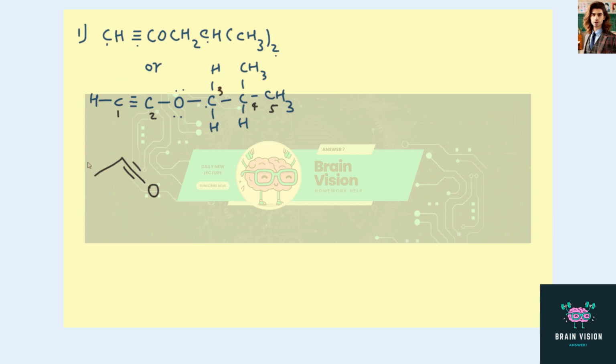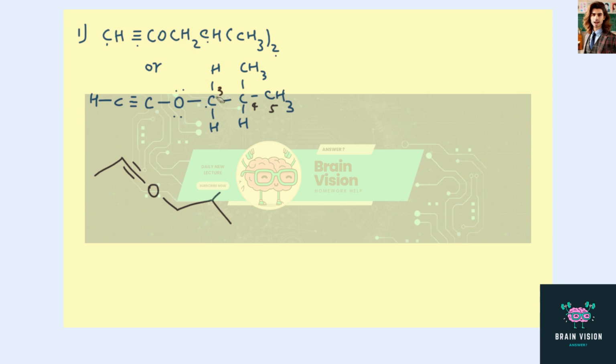If this was the first carbon atom, this was the second carbon atom, now we have the oxygen atom, and now again a carbon atom, and this carbon atom is further attached to another carbon atom, and this carbon atom to another carbon atom, and now also we have a methyl group. Okay, so the methyl group will be shown like this. So this will be the bond line formula or bond line structure.